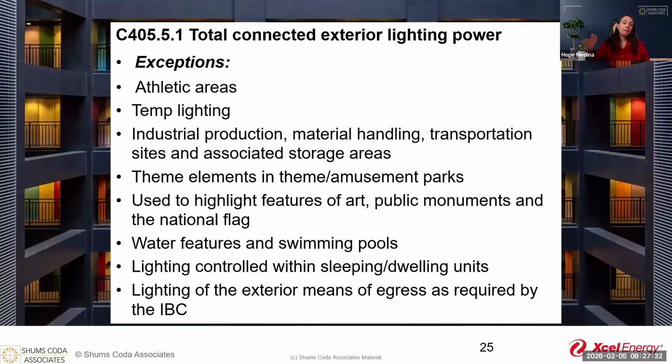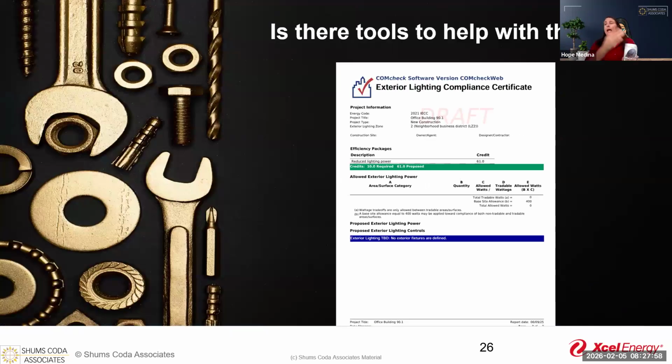Water features, swimming pools, lighting that is going to be controlled with the dwelling and sleeping units, right? They have an exterior balcony, so you have those lights that the occupants within that dwelling and sleeping unit have the capability of turning on and off. Lighting that is required for egress by the IBC, right? None of that has to be included.